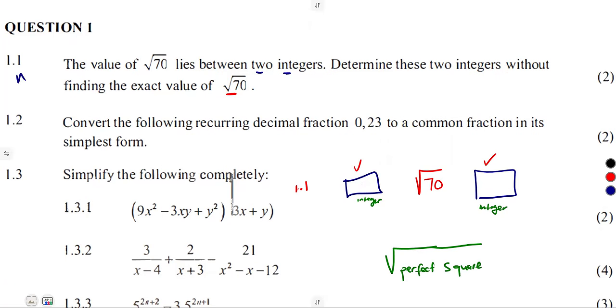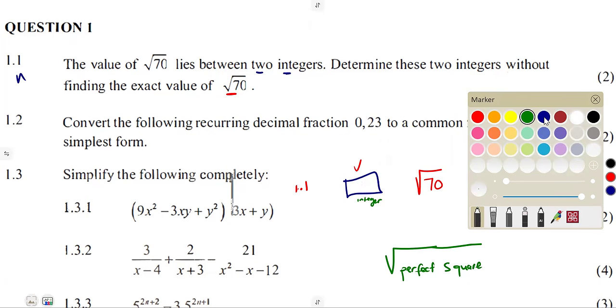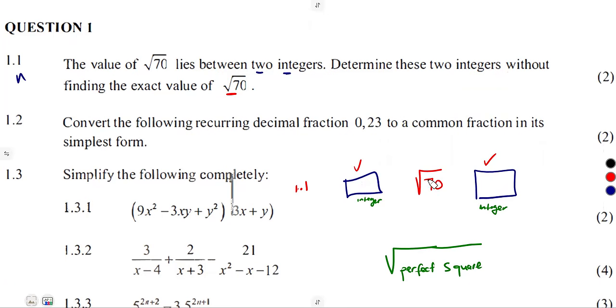So you just ask yourself which are the perfect squares that surround the 70, because 70 is the one under the square root. 70 is not a perfect square, but it is surrounded by which perfect squares?